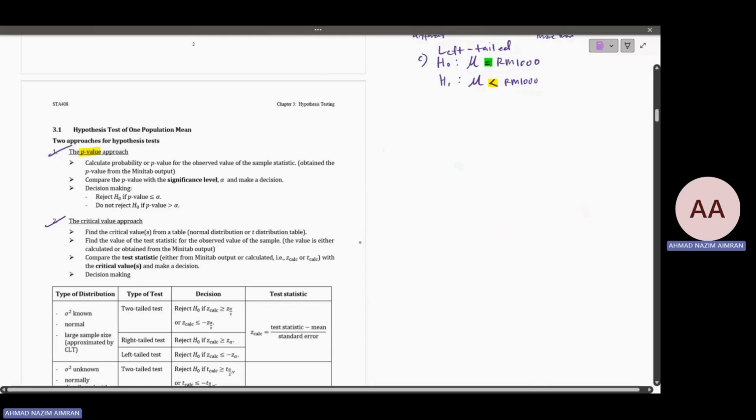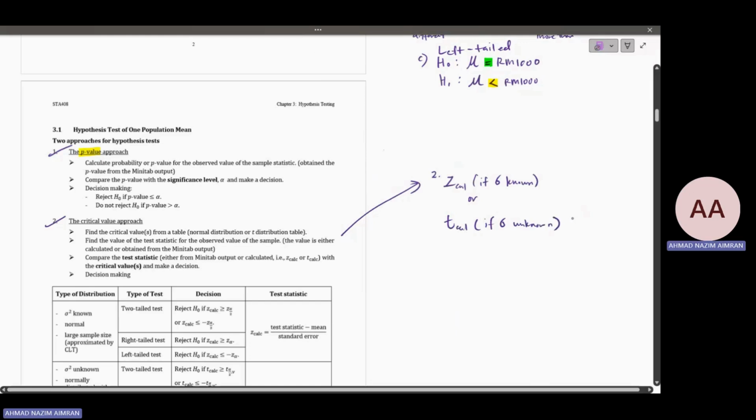For the second approach, you need to find the Z calculated if the standard deviation or variance of the population is known, and you have to find the T calculated if the standard deviation of the population is unknown.